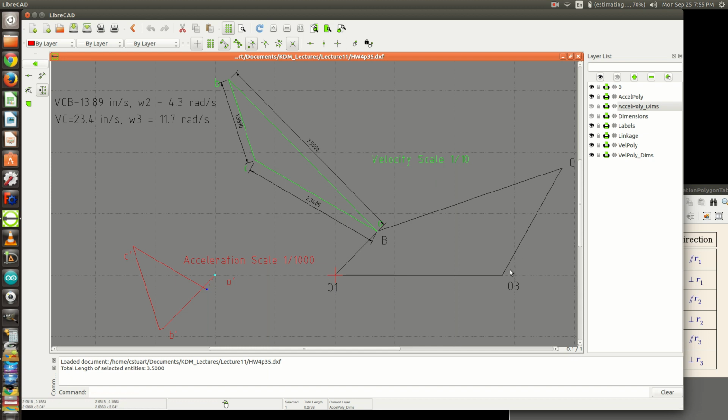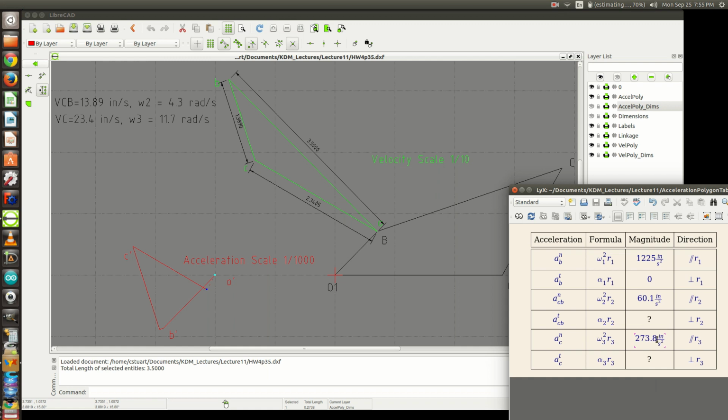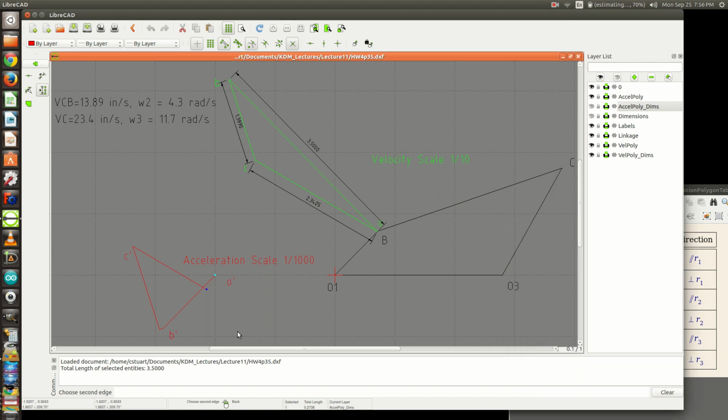Again, it is parallel to the rocker, and we know its magnitude, considerably shorter than the normal acceleration of B, but longer than the normal acceleration of C with respect to B. From there, I can draw the line that represents the tangential acceleration of C with respect to B. I know that it starts at the end of the normal acceleration vector, and wherever it intersects the tangential acceleration of C with respect to B, that defines my point C prime.